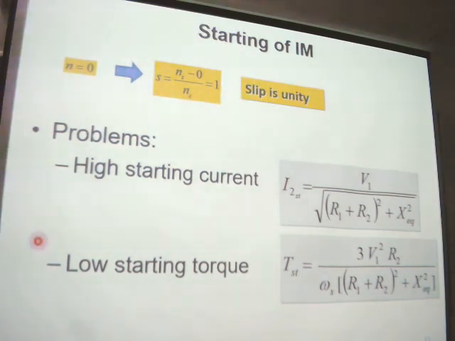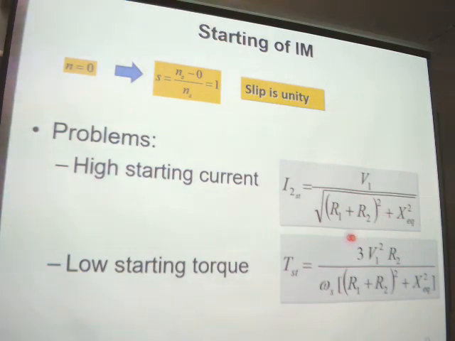And this time we look at these two equations, the current and the torque expressions. We know R2 is the rotor resistance. It's usually very small, and R1 is the stator resistance.